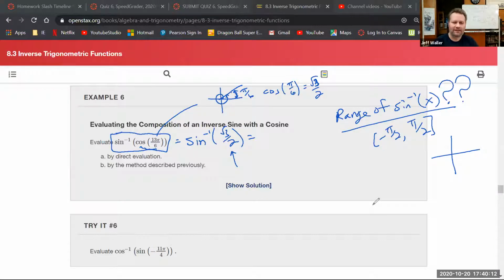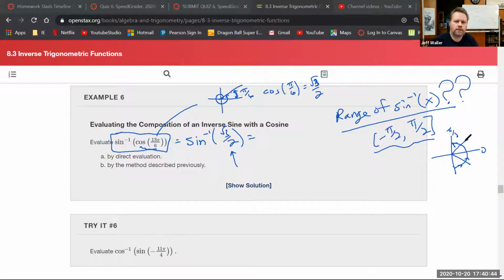On this graph, 0, pi over 2, isn't this from here to here? So if the input is negative, that must mean it was actually something down here. If the input is positive, that must mean it's something up here.